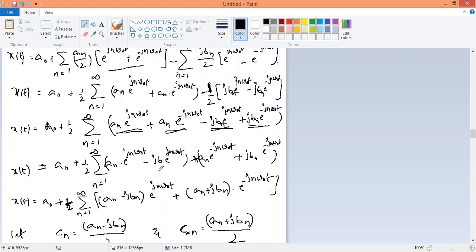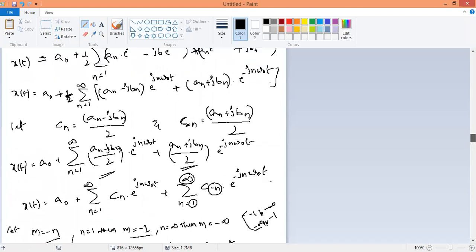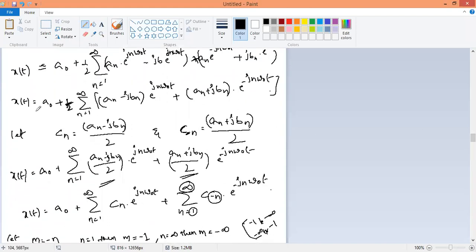Separating: (an minus jbn) into e power jn omega naught t plus (an plus jbn) into e power minus jn omega naught t. Next x of t equal a naught plus 1/2 sigma n equal 1 to infinity (an minus jbn) e power jn omega naught t plus (an plus jbn) e power minus jn omega naught t.